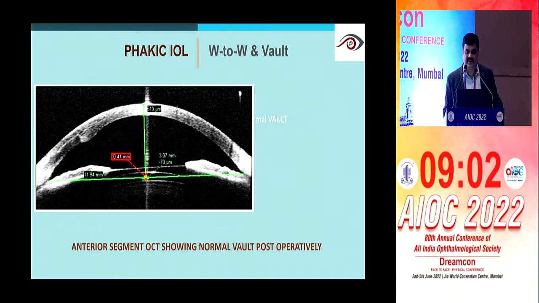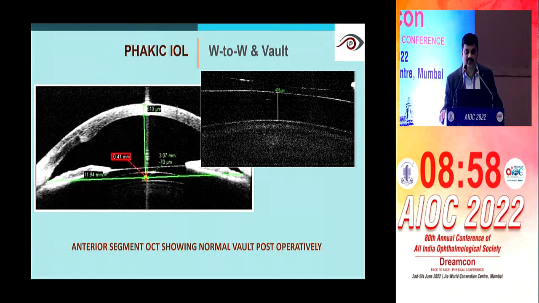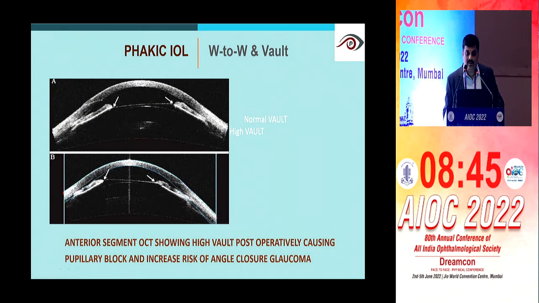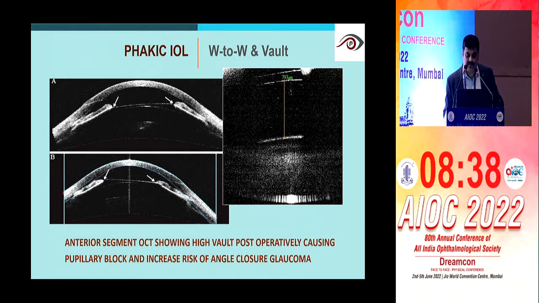Once again, as already explained, very important is white to white and its relationship with the vault. You can see here a normal vault postoperatively. You can see here a patient with a normal vault, and one with a very high vault, which can cause a pupillary block and an increased risk of angle closure glaucoma.